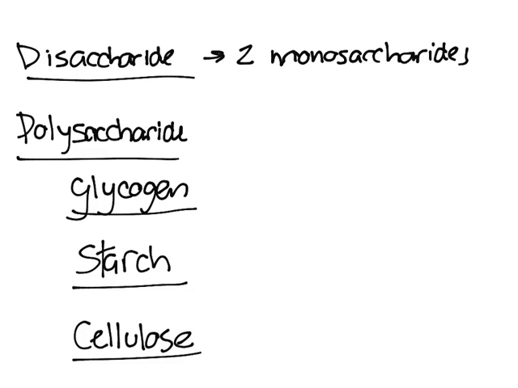And so let's talk about glycogen. Glycogen's really important. It's made by many cells.